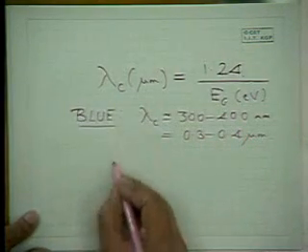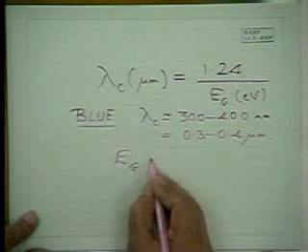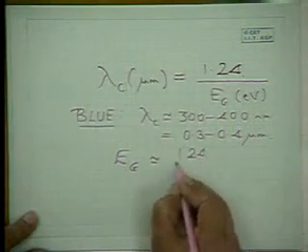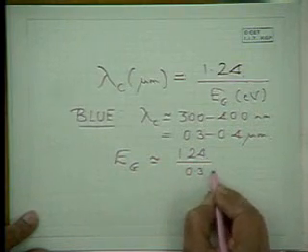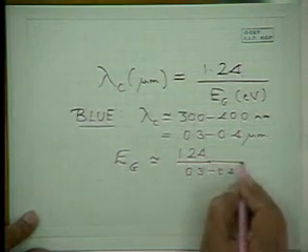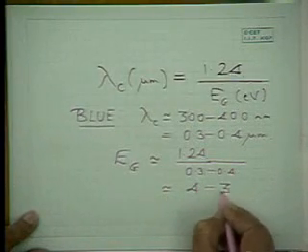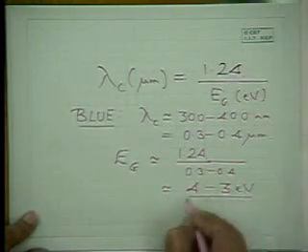So what should be the band gap? The band gap of materials which emit in the blue will obviously be 1.24 by 0.3 to 0.4. So obviously the band gap will be in the range of 4 to 3 electron volts.